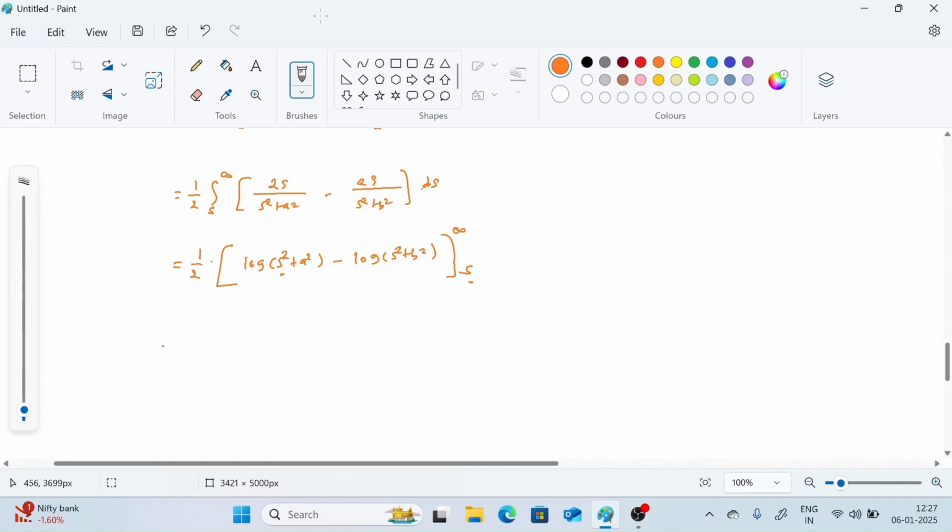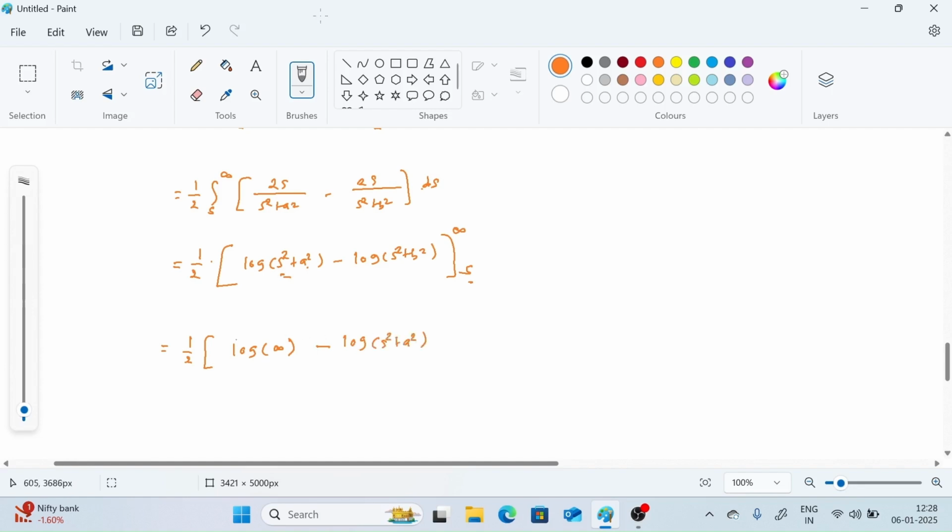So what can I get? 1 by 2 log of infinity plus a square. Infinity plus a constant will be infinity only. So log infinity minus log of s square plus a square.